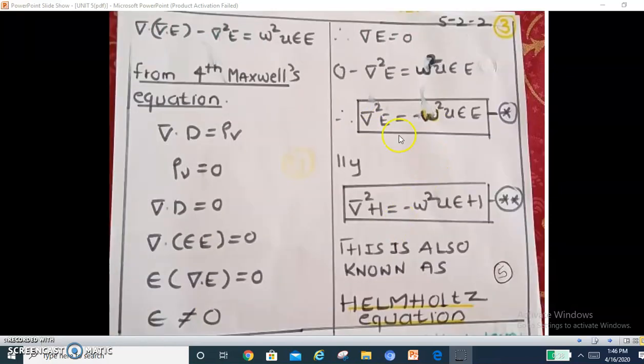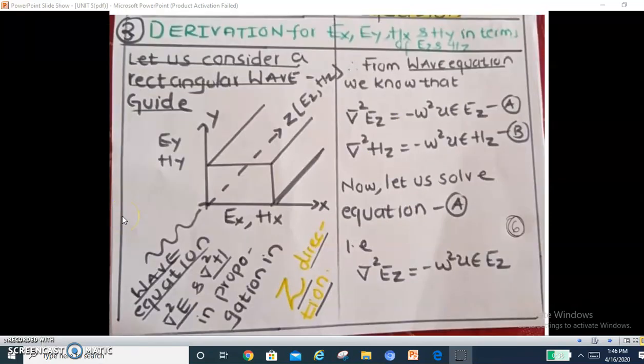Try to observe the above derivation. Here we have not written z because we were not told that the wave is propagating in z, but here we are saying that the wave should propagate in z. For that we have written the suffix z, and nothing much explanation is needed here. As we already discussed, we are going to concentrate on the electric field, and similarly we will write for the magnetic field. So again I have taken the electric field as a reference in the z direction.